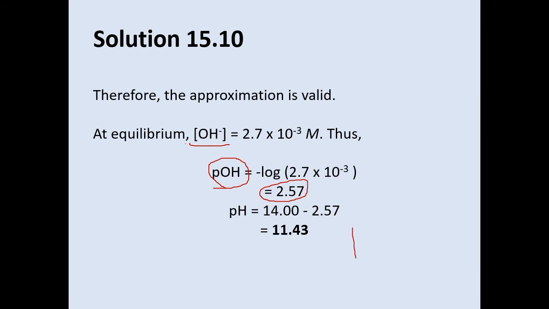We have already seen from the previous slide that pOH plus pH is equal to 14 all the time, so from this equation we can find the pH of that solution.